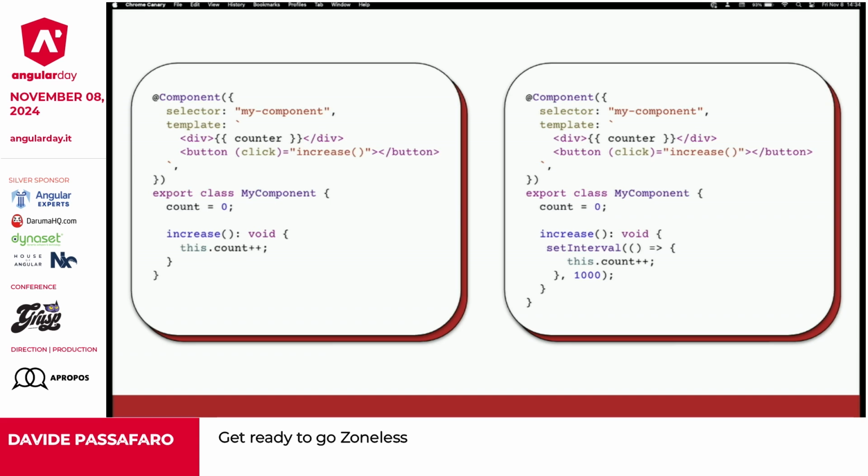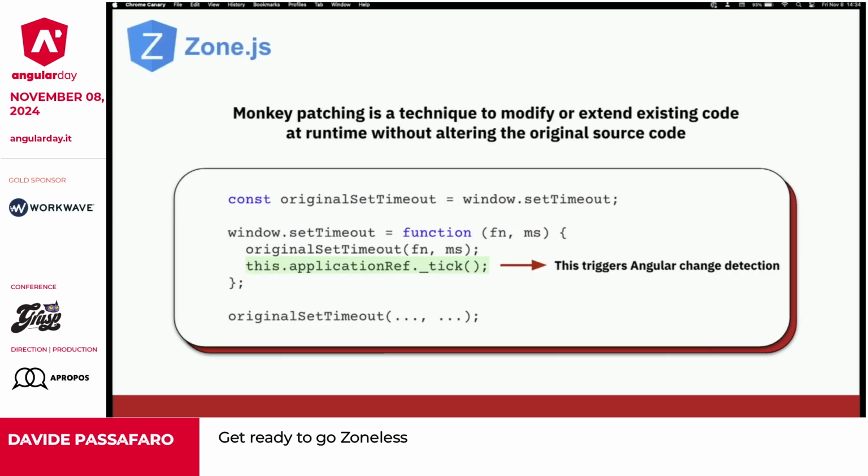I mean, Angular knows, of course, but Angular knows about it thanks to a library called Zone.js. Zone.js is a library internal to the Angular monorepo, which heavily uses the monkey patch technique, which is a technique to modify existing APIs and functions at runtime without the need of altering the source code.